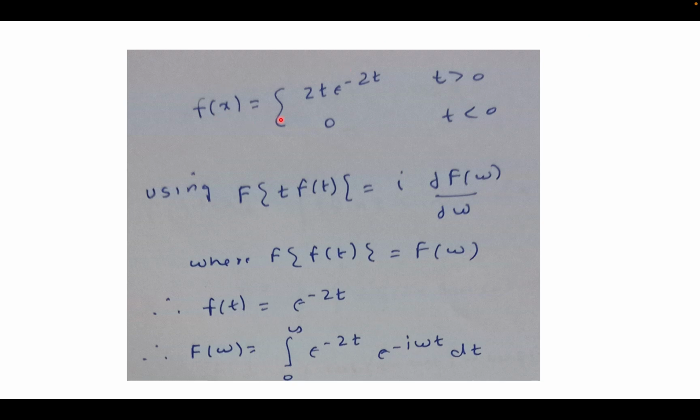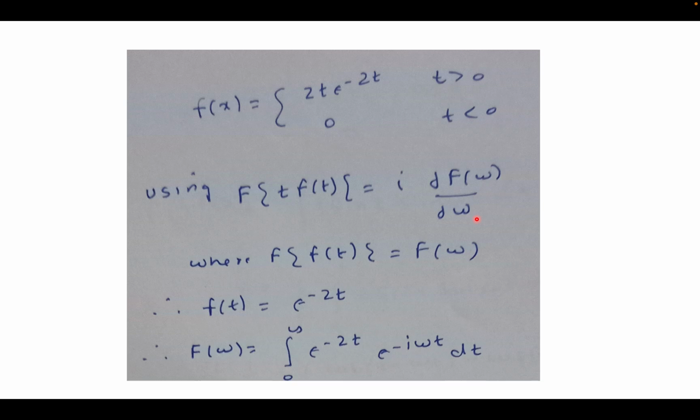We are given f(t) equal to 2t e power minus 2t for t greater than 0 and 0 for t less than 0. Now in your lectures you have learned a property of the Fourier transform: if the Fourier transform of the function f(t) is F(omega), then the Fourier transform of t times f(t) is iota dF(omega) by d omega.